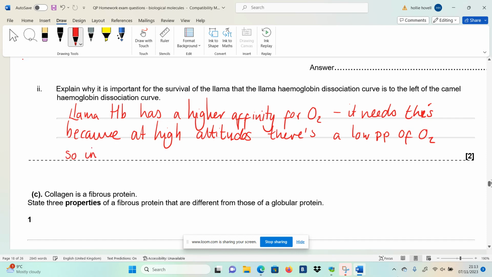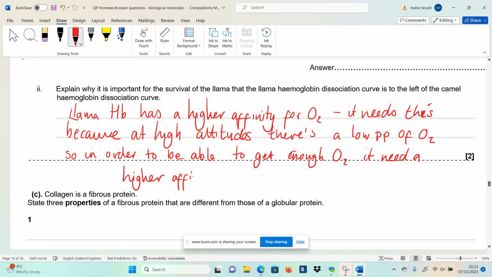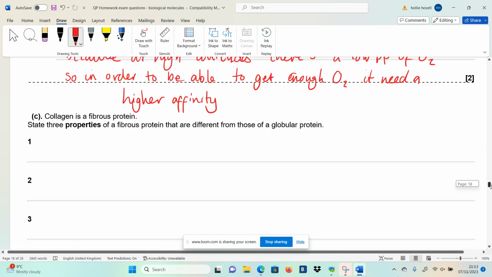So in order to be able to get enough oxygen, it needs a higher affinity. Okay, something along those lines. So it's using the information that we've been given. I'm aware some of those words are unfamiliar to you, but it's good practice to apply to unknown scenarios.